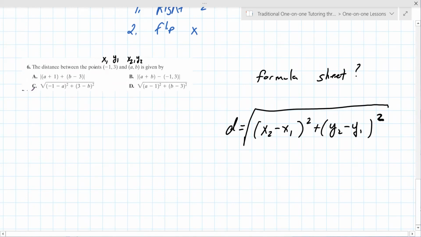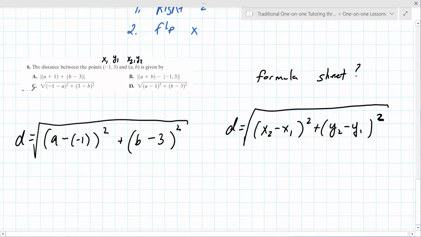If you use this formula the way I've given it here, X2 is A. It's A minus negative 1 squared plus B minus 3 squared, square rooted.